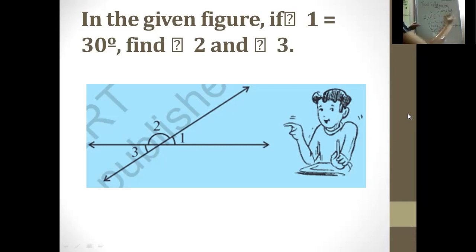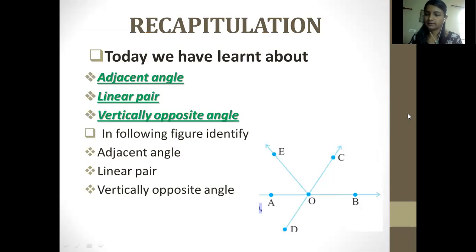So our final answer is angle 2 equals 30 degrees and angle 3 equals 150 degrees. This is how we can solve questions related to linear pairs and vertically opposite angles. I hope you all have understood about the linear pair.